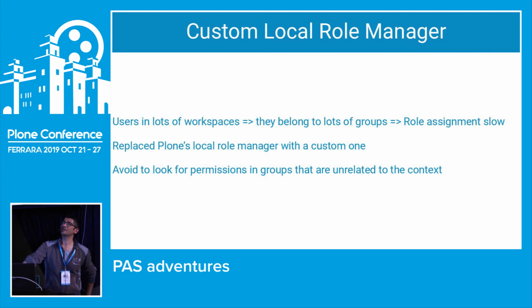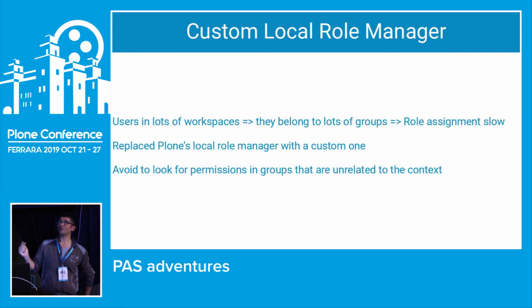So we decided to replace the Plone local role manager with a custom one that was actually, again, checking in a smart way which group should be used. Because if the problem was that we had too many collective workspace groups which were actually effective inside a single workspace, well, basically, if you are in that workspace, you should check for just a bunch of groups, even if you have thousands of them.